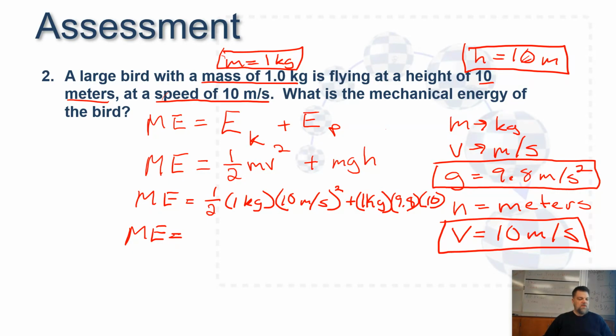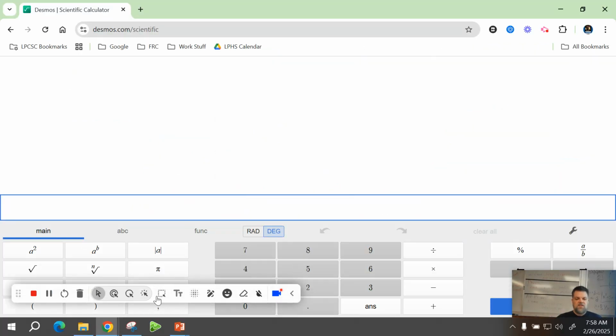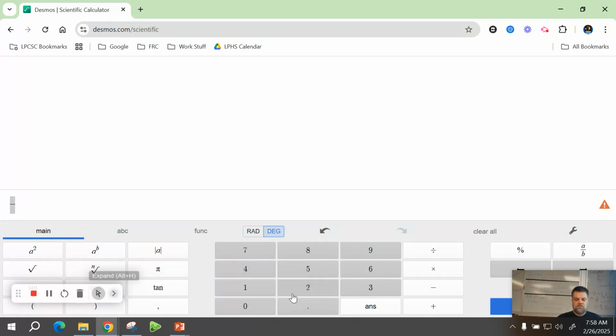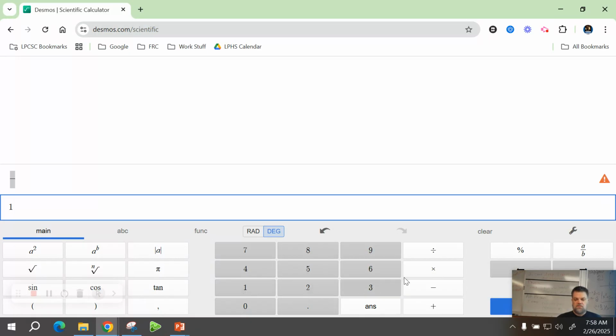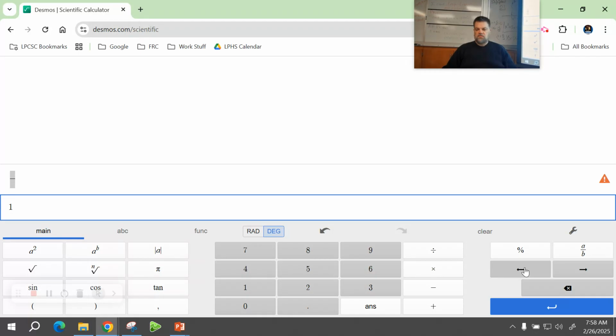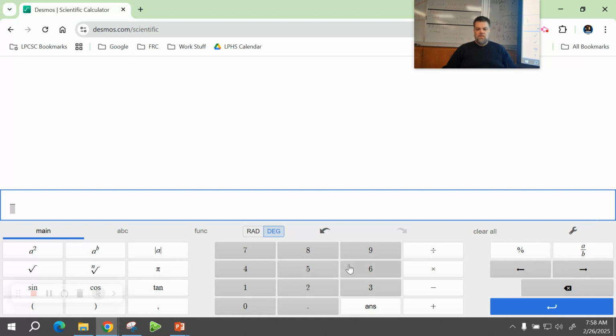You guys just read it to me. So I'm going to say 1 divided by 2 times the mass of the object, which is 1, times the velocity, which is 10, squared.